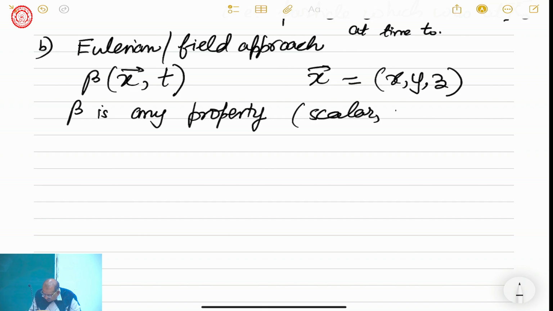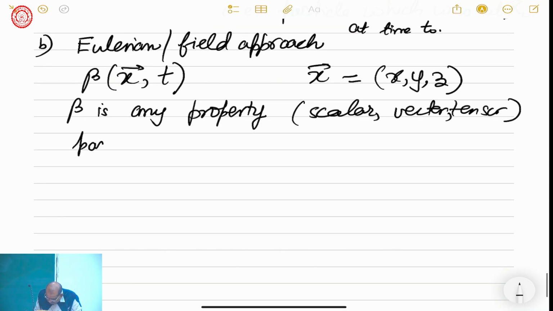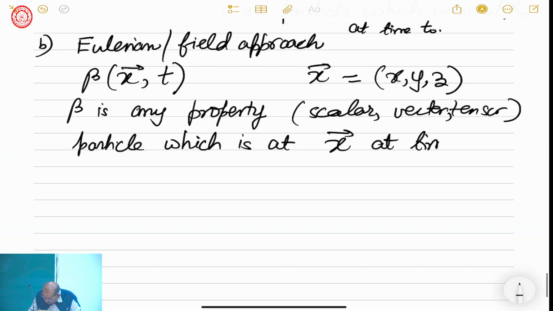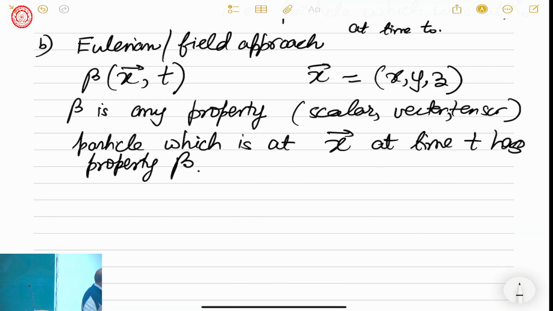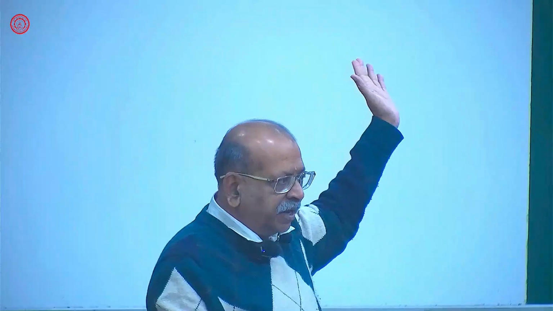It could be scalar, vector, or tensor, and the particle which is at x bar at time t has the property beta. The particle which occupies this location at this time has the property beta.